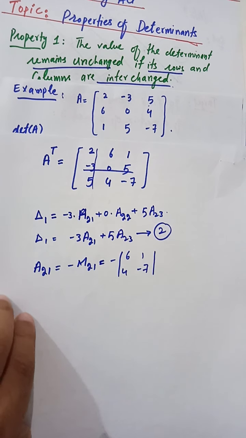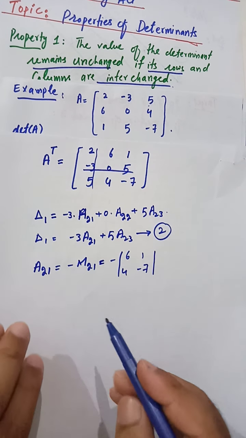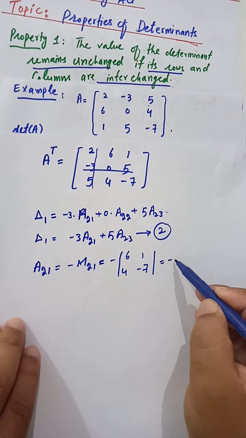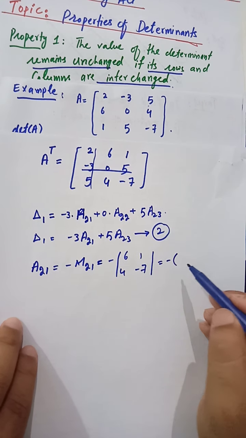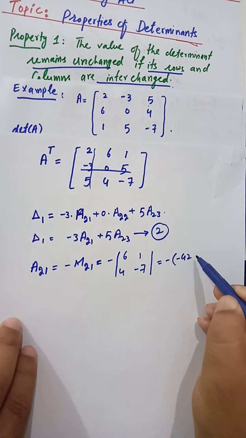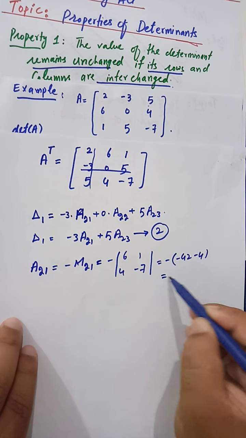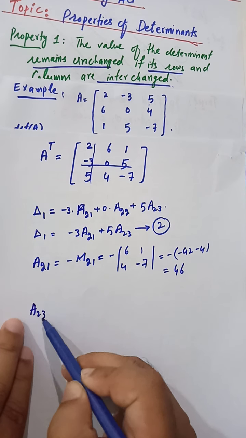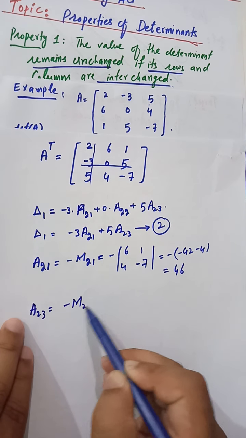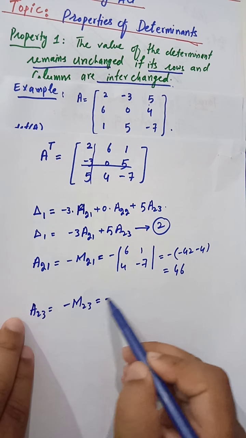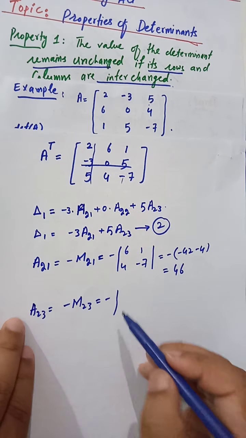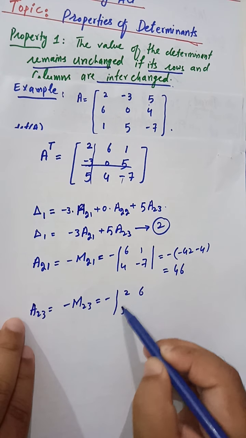So you see, you get this. Okay, now this will be equal to minus 42 minus 4, so this is equal to plus 46. And a23 is equal to minus m23, and you need to cancel out the second row and third column and take the determinant of the rest.